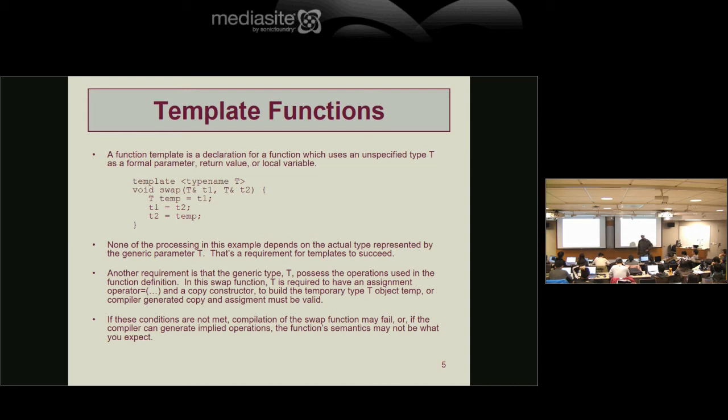Now remember that the compiler will always generate assignment operators and copy constructors, always. So this will never fail to compile. But if you have a class that does not have correct copy and assignment semantics, it will not operate the way you expect it to.